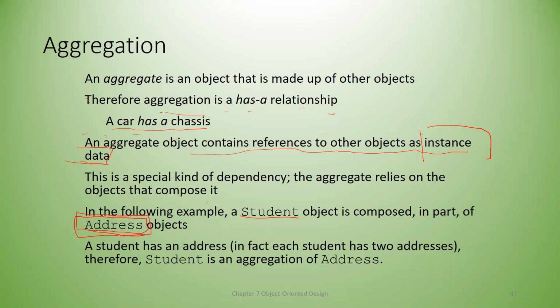So this is a class. Student has an address as one of its attributes. So we say a student is composed of address. So student has address. So the relationship between student and address is aggregation. Any questions?